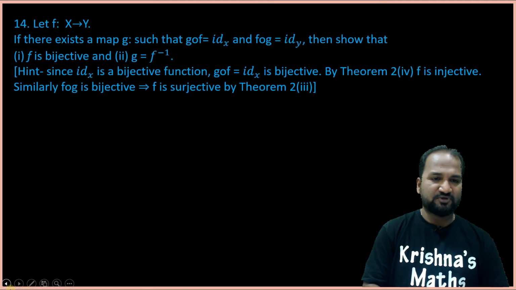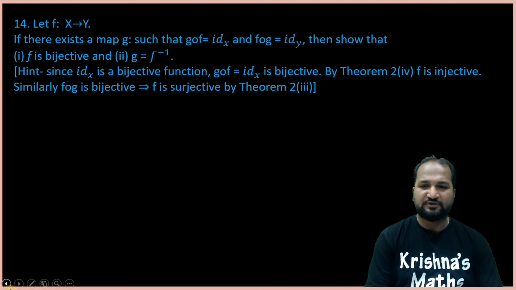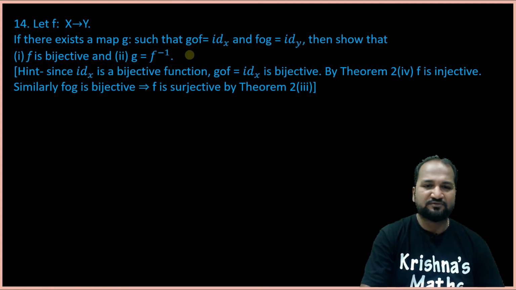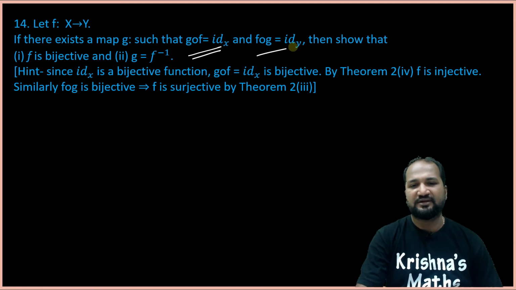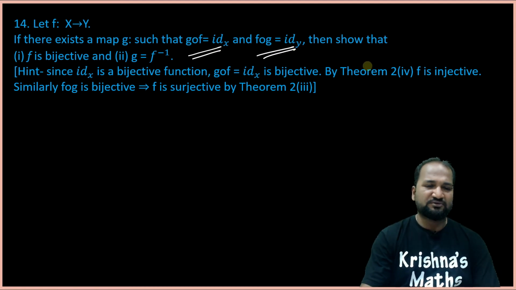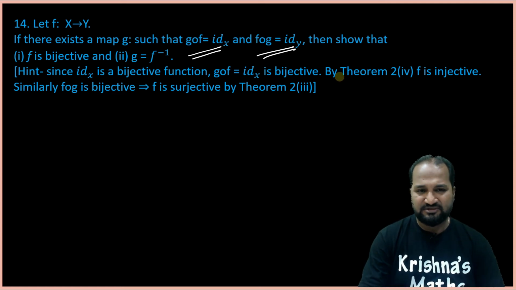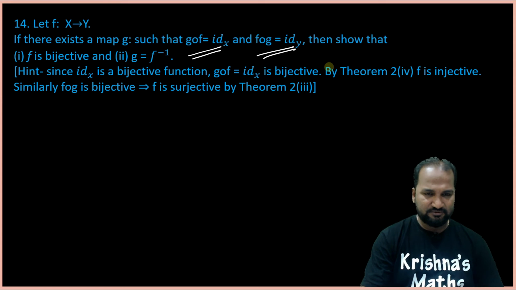Okay, let's go ahead. Look, let f be a function from X to Y. If there exists a mapping g such that g of f is identity and f of g is also identity, then f is bijective and g is equal to f inverse.